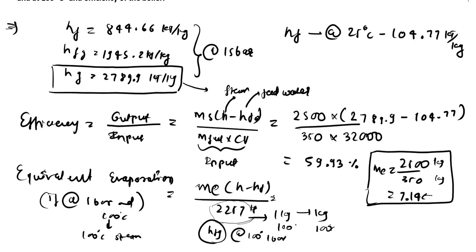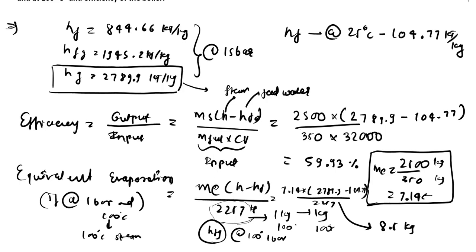If you put in 7.14 times H, which we calculated as 2789.9, minus the same Hf we used in efficiency, 104.77, divided by 2257, you will get something like 8.5 kg.